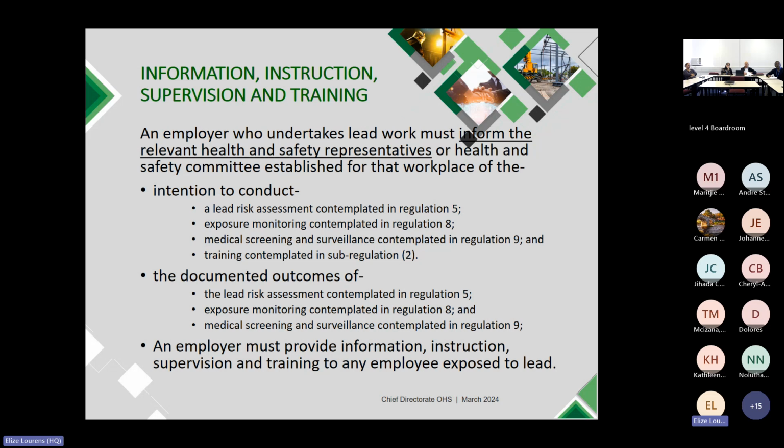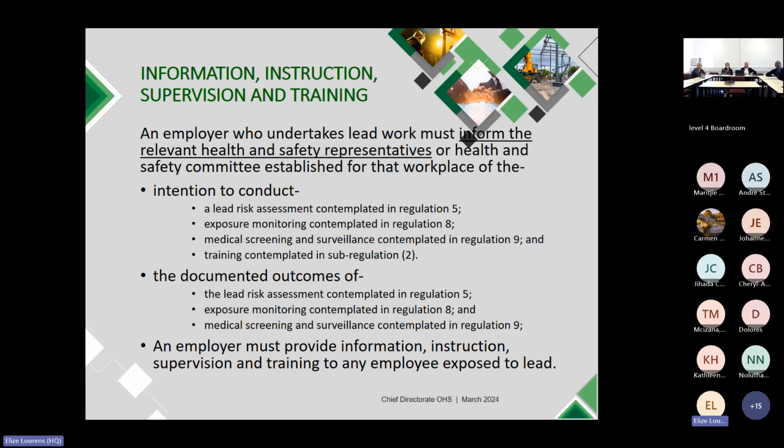Then there's a very extensive regulation, once again, on information, instruction, supervision, and training. You will note a little bit of a name change there. Usually it was just information and training, but we've added some other subcategories to that to make sure that employers understand the importance of their responsibility when it comes to instruction and training.